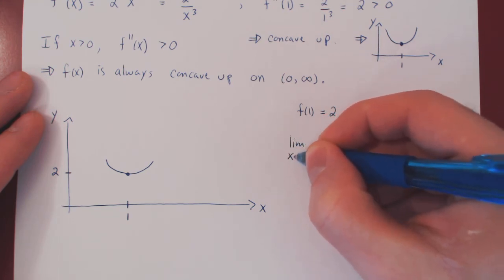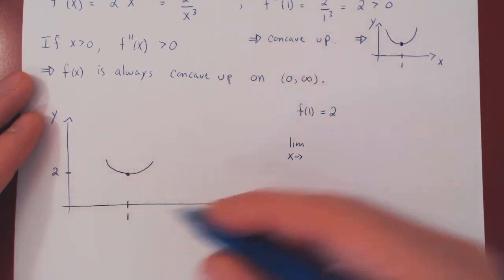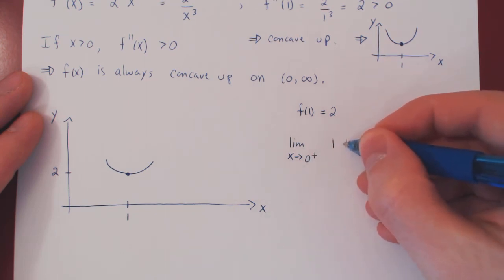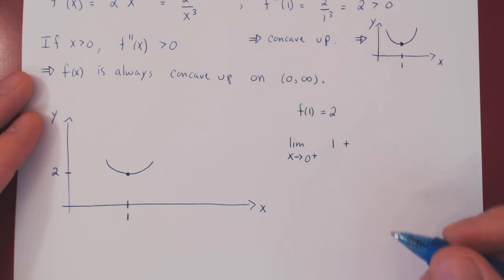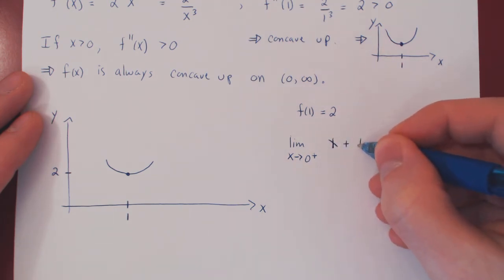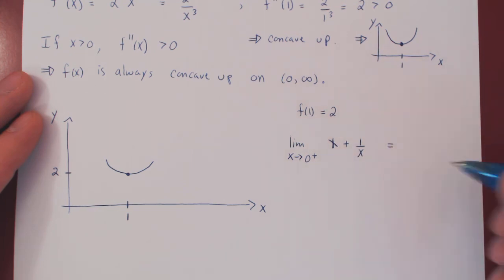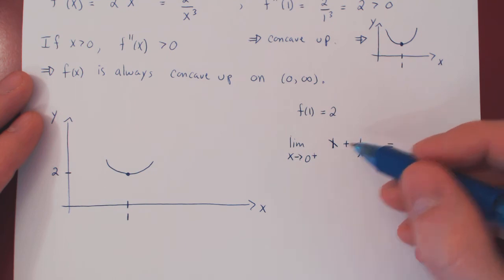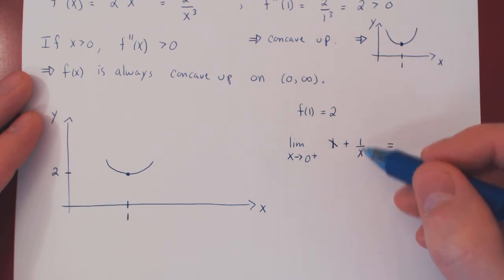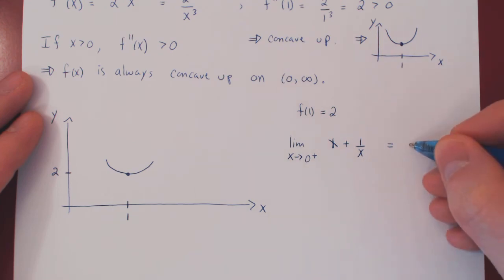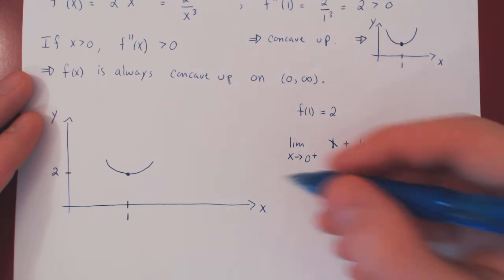So first, let's approach 0 from the right. The function is x plus 1 over x. Well, as x goes to 0, x goes to 0. But as x goes to 0, 1 over x goes to, because x is positive, positive infinity. And so the limit is positive infinity.